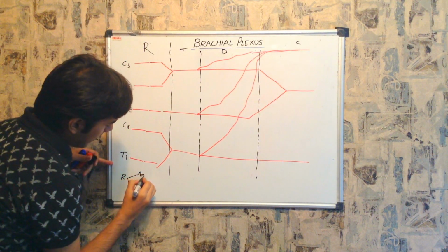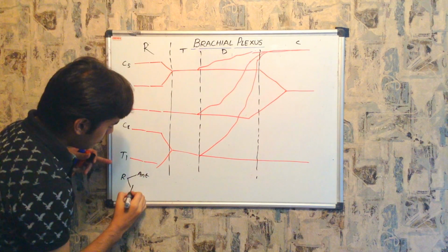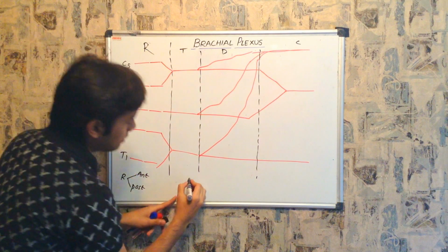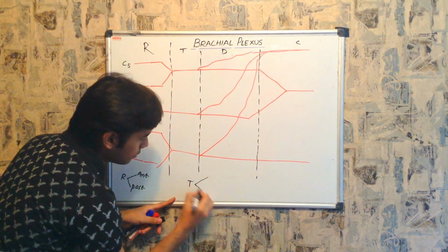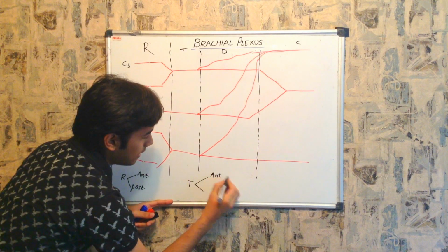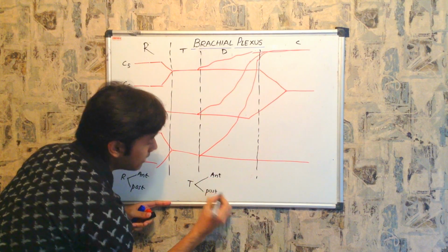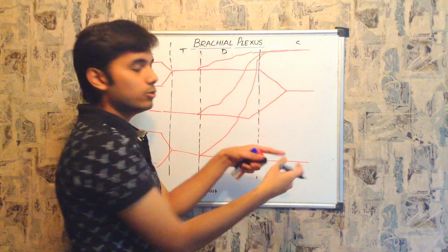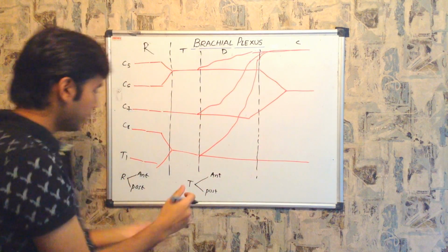One is called the anterior branches and the other is called the posterior branches. In the same way, the trunks of the brachial plexus also give out two more branches, one anterior, another posterior. But divisions do not give any branches, and the cords give the branches which we have discussed just before, right?